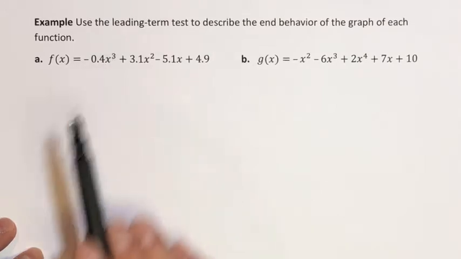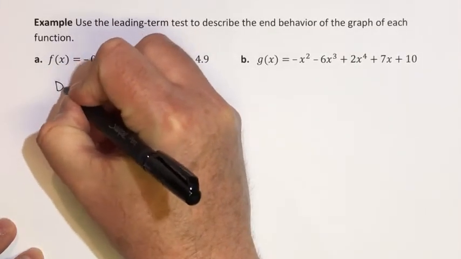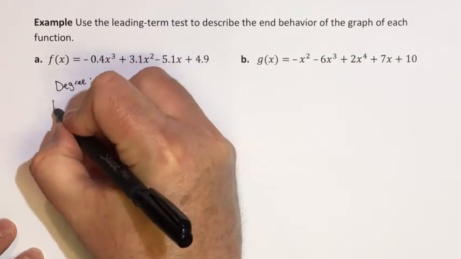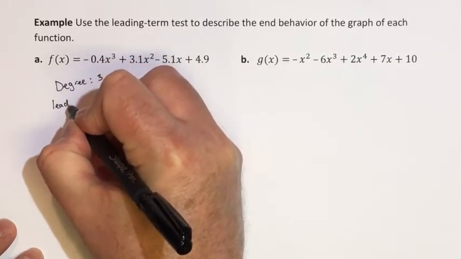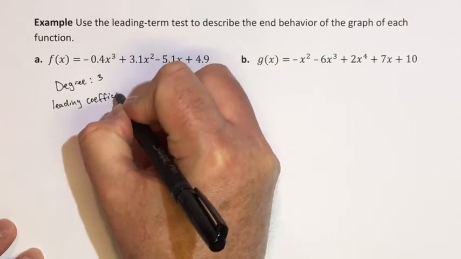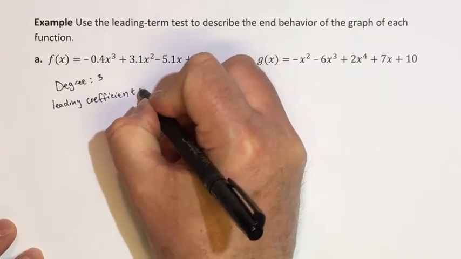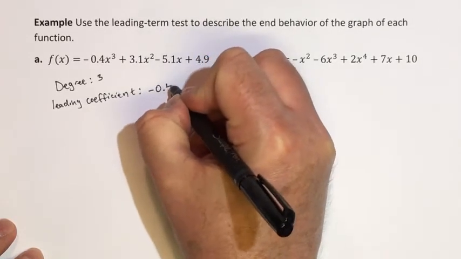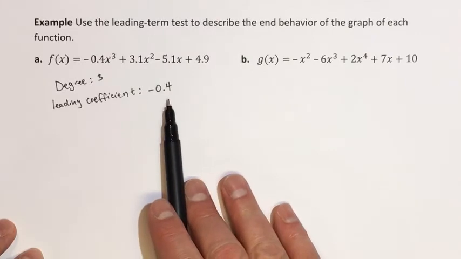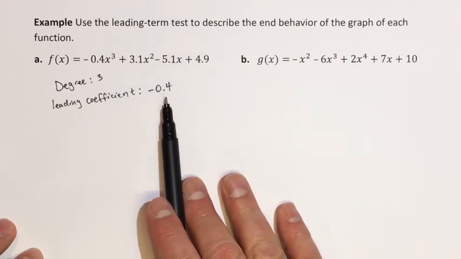So the degree is 3, and the leading coefficient is negative 0.4. So we have an odd degree and we have a negative leading coefficient.